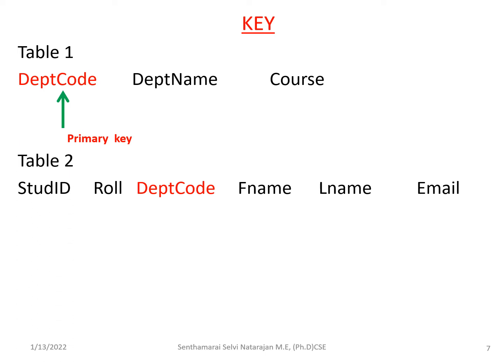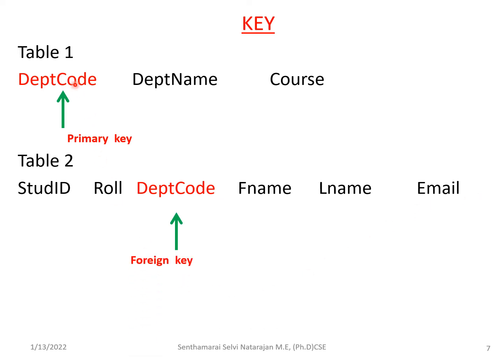In that prior table 1, the department code serves as the primary key. So regarding table 2, this department code can be taken as a reference to that table. Here this department code acts as a foreign key.